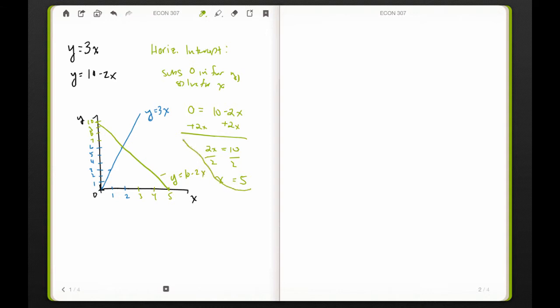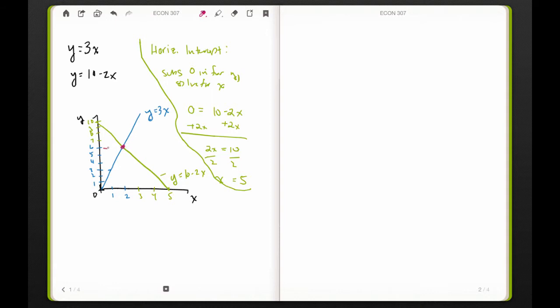Let's create a barrier here. Okay, so every single point on this line is a solution to this equation. But the question asks us, what's the solution to both of these equations? And that occurs where these guys cross each other. Let's make this red, and let's just mark this off.